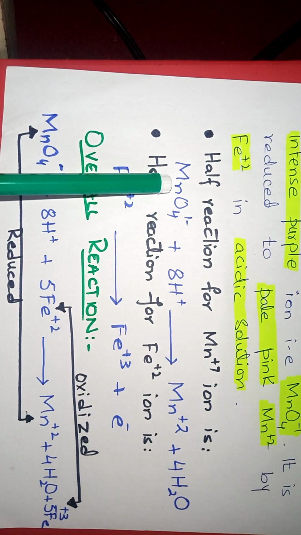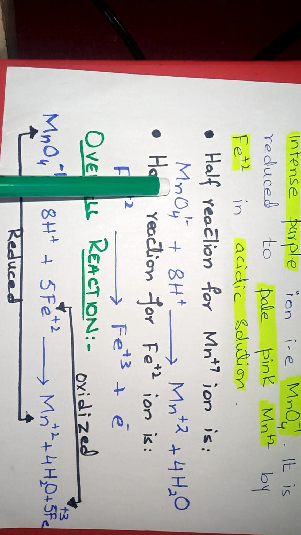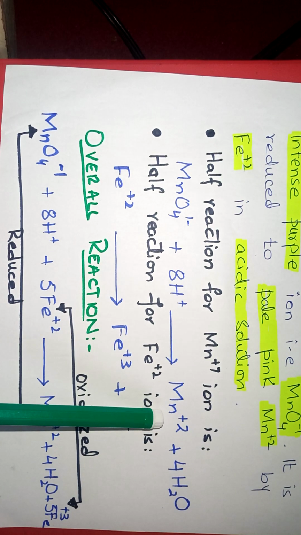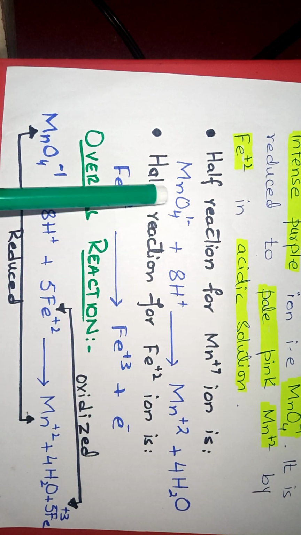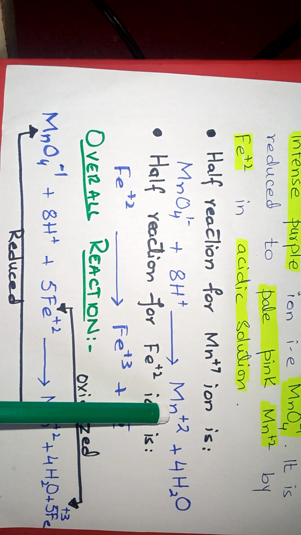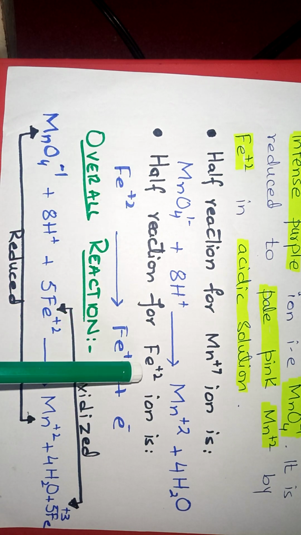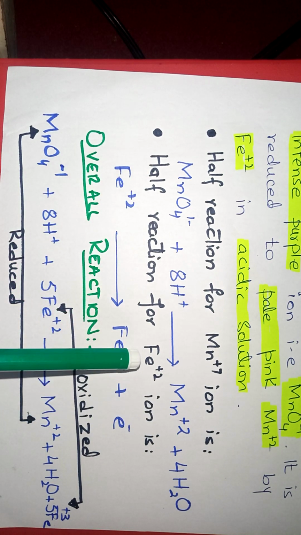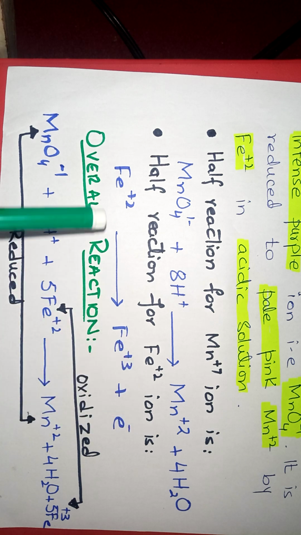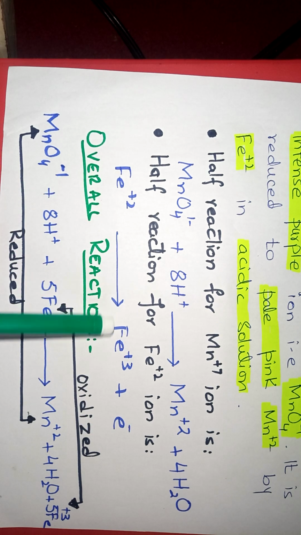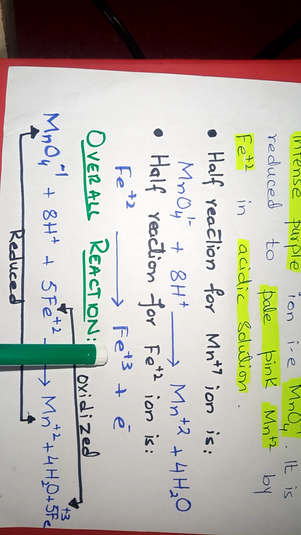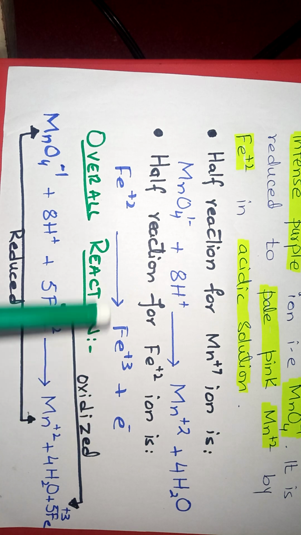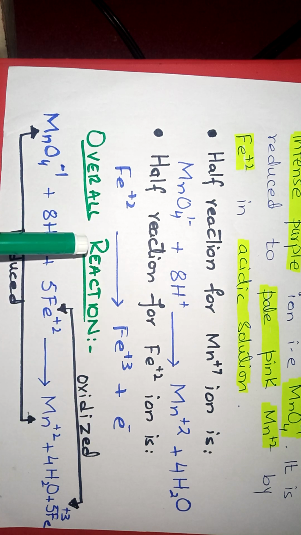Actually, manganese here is in +7 oxidation state and it is converting to +2 oxidation state. So manganese is reducing. And the half reaction for iron is that the ferrous ions are converting to ferric ion by the loss of electron, and this is called oxidation.